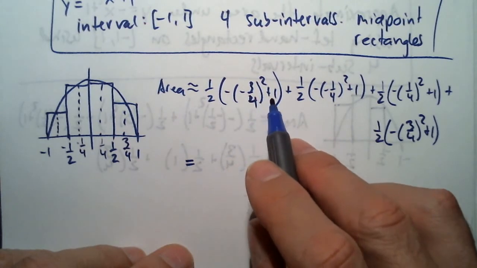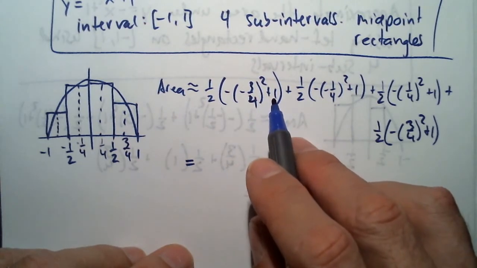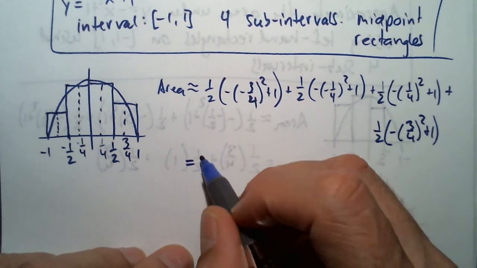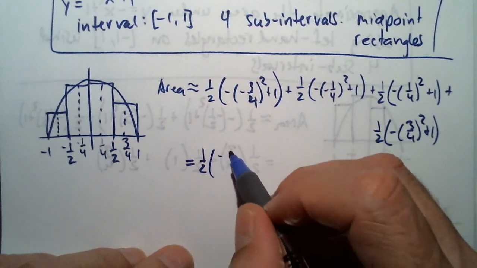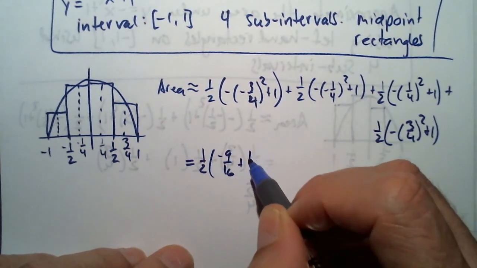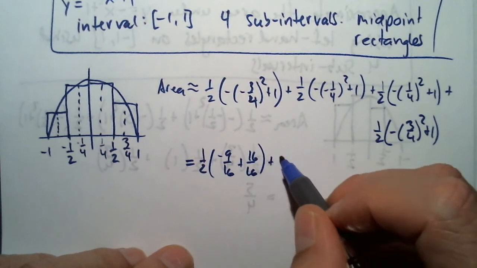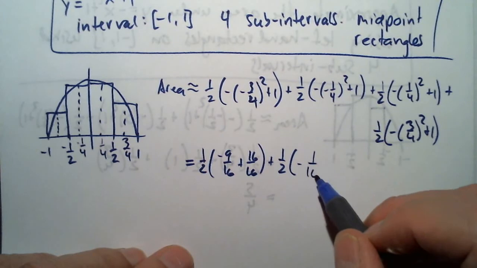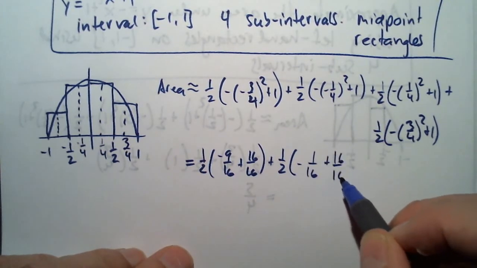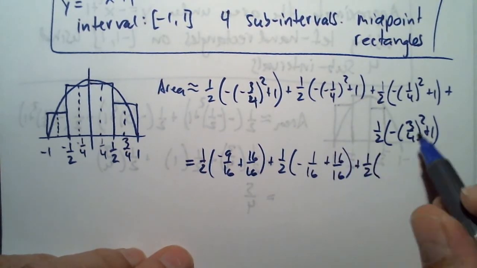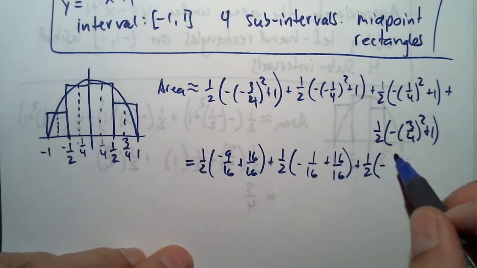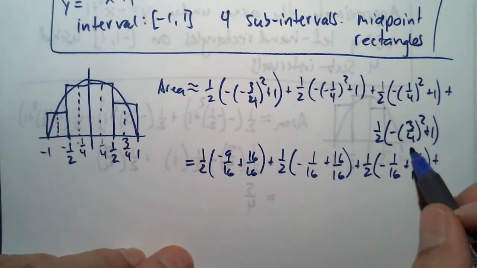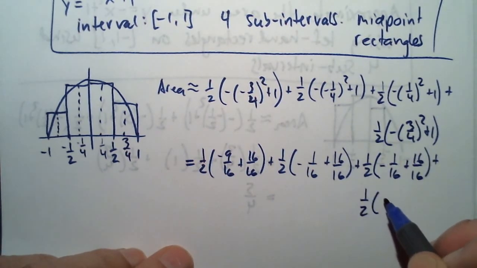Nine over 16 plus 16 over 16, well that's -9 over 16, I'll just write it down. -9 over 16 plus 16 over 16, this will be -1 over 16 plus 16 over 16, and another one, and then that'll be the -9 over 16.